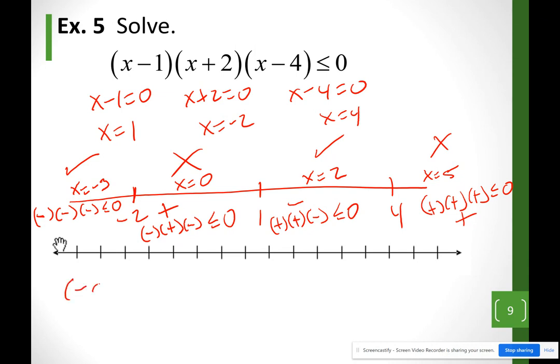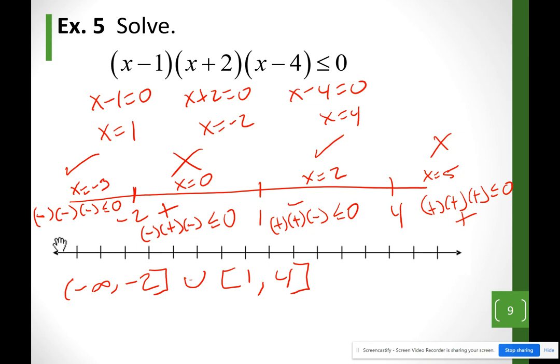All right, so which sections did it work? From negative infinity to -2, and then from 1 to 4.